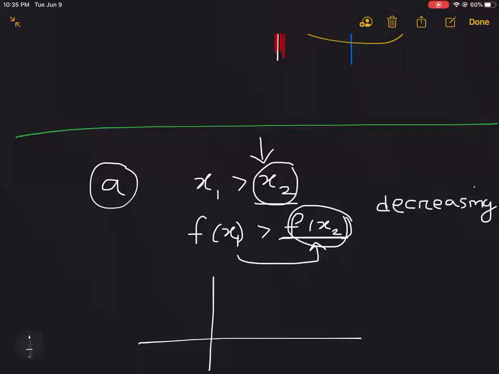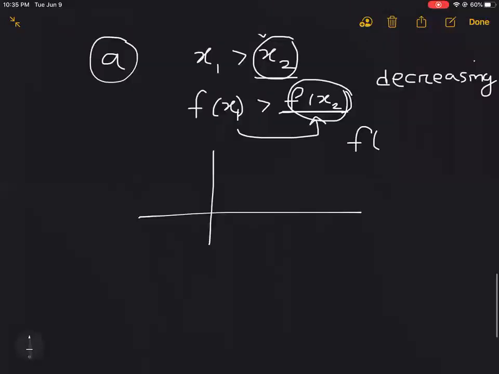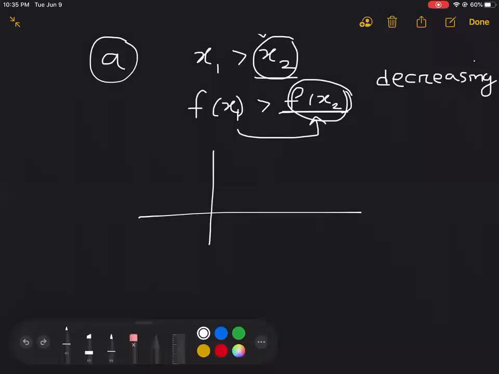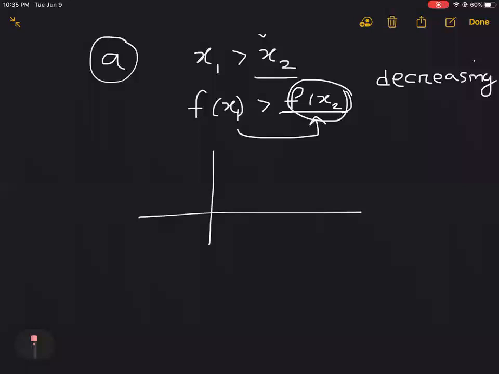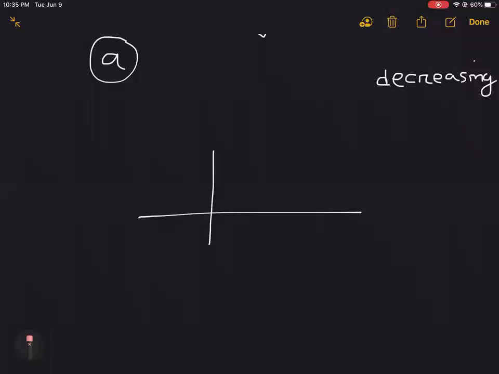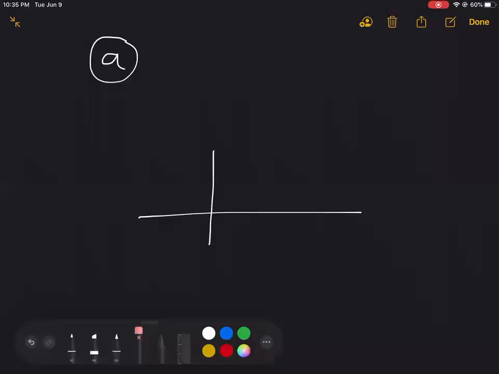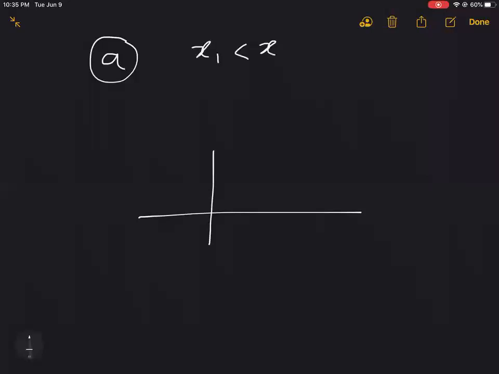Or rather, we might generalize this as, let me rewrite this, let me show this all together so that it makes sense for you. Okay. So let's say I'm increasing my value. X2 is bigger than X1.